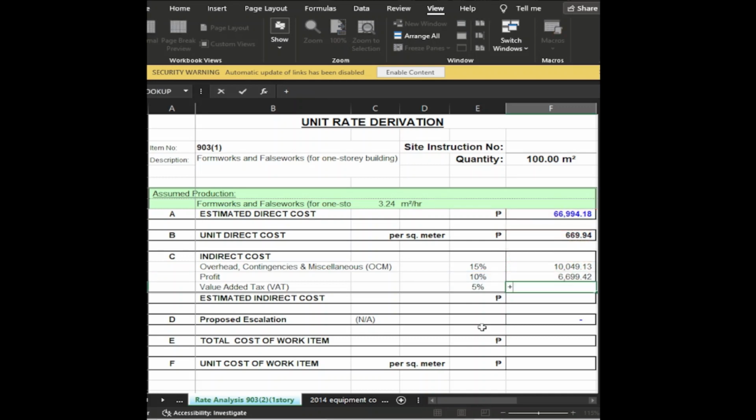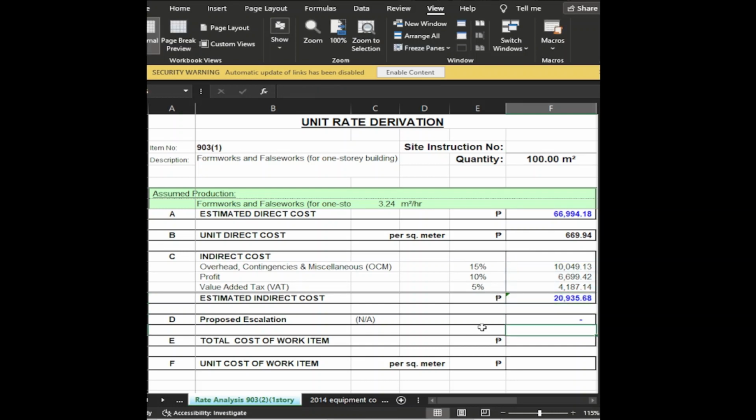Then the 5% is multiplied to the estimated direct cost plus the OCM plus the profit. So our profit and OCM is included in the 5% for our value added tax. So our total tax is 4,187. So the total of this one is the estimated indirect cost.